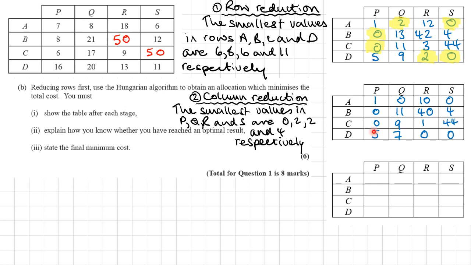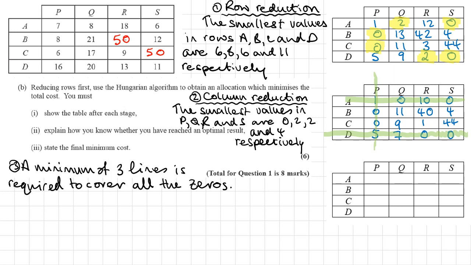Okay, I want to now see what's the minimum number of lines required to cover all of those zeros. So let's put this in a sort of green highlighter pen. So I'll need one line there, I'll need one line here and one line here. Okay, so I've got a minimum of 3 lines required to cover all the zeros.